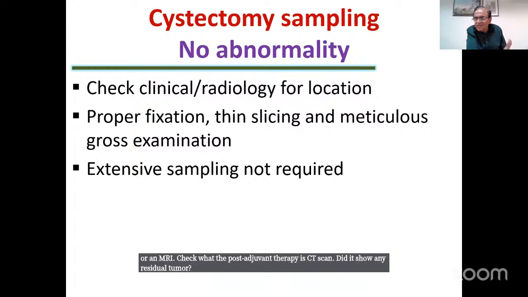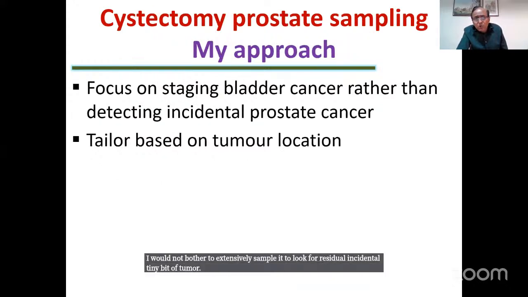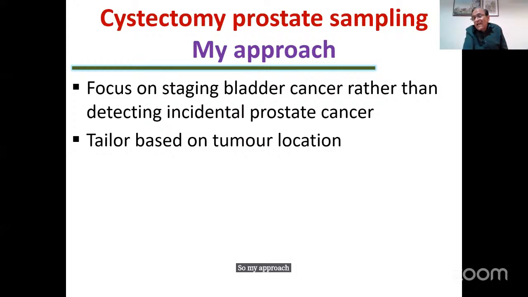If nothing residual was seen on radiology, I would fix the specimen properly, take very thin slices, and examine it very carefully. If I don't see any residual tumor, I would not bother to extensively sample it to look for an incidental tiny bit of tumor. So that's my approach with the bladder.